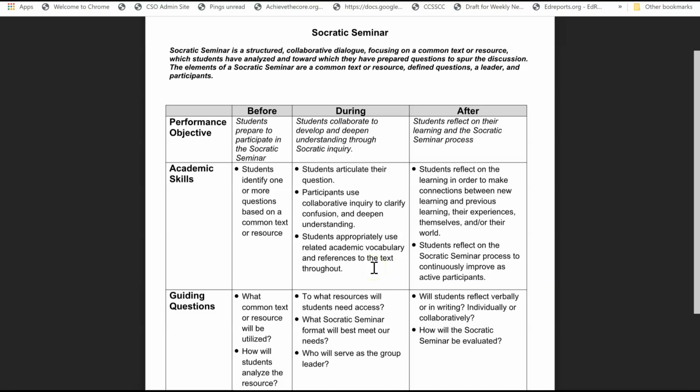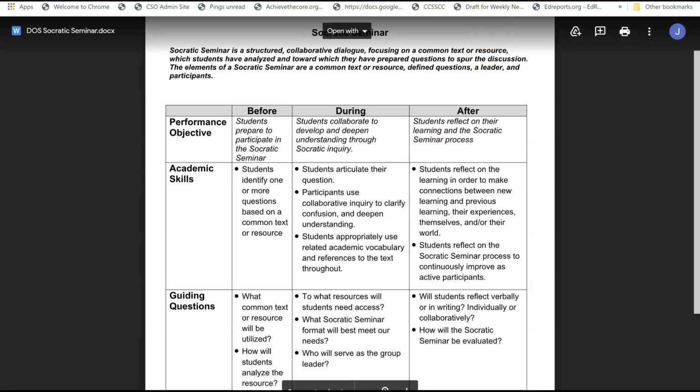You can set it up where there's one person taking notes, where there's one person sharing out. There's many different ways, but this is a nice resource that leads you through that good collaborative group work where students are asking questions and discussing information, and if you wanted to start with that good Socratic Seminar work.